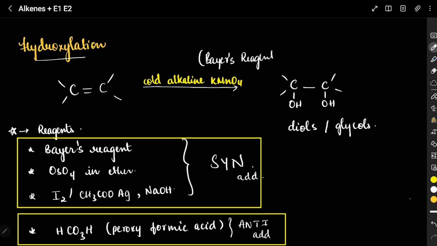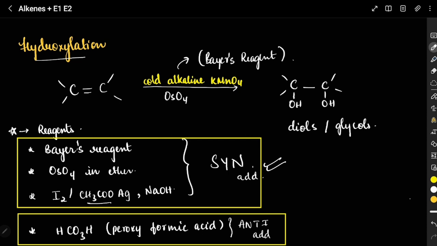Very important reagent. And we also have osmium tetroxide in ether, which we can also use, also in pyridine. When you are using these reagents, Bayer's reagent or osmium tetroxide or I2 with CH3COOAg, syn addition takes place.